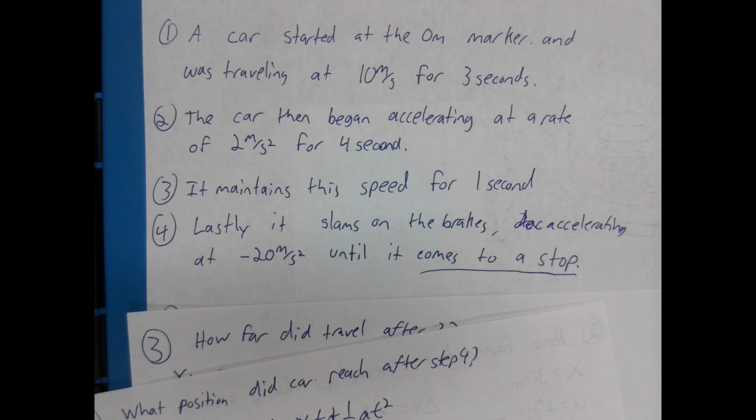In step 2, he's accelerating and speeding up. In step 4, he's braking and slowing down. But we can figure out everywhere in that journey what his speed was at the beginning and at the end, where he was, and what he was doing at every point. Just based on a few key facts, we're able to extract all the information.